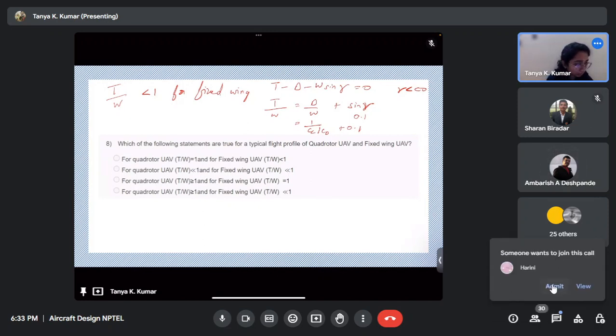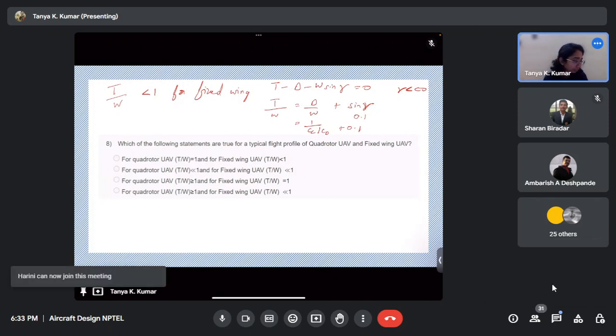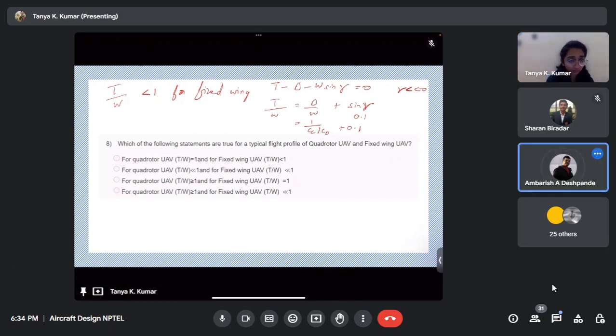If you just take 10, how much will it be? So it will be less than 1 at all points, right? Is it clear? Okay. So for a fixed wing UAV, it will be less than 1.